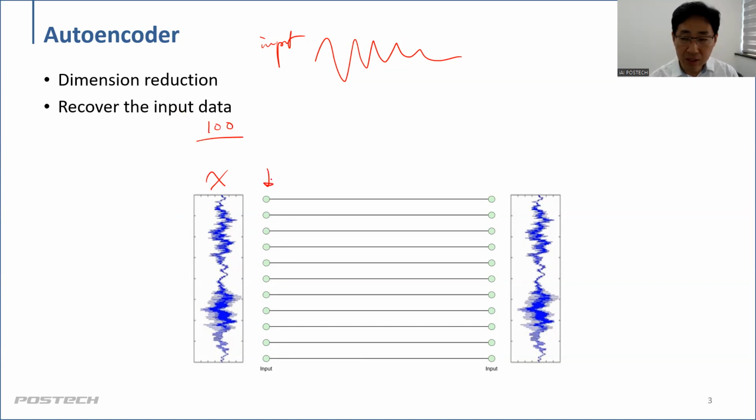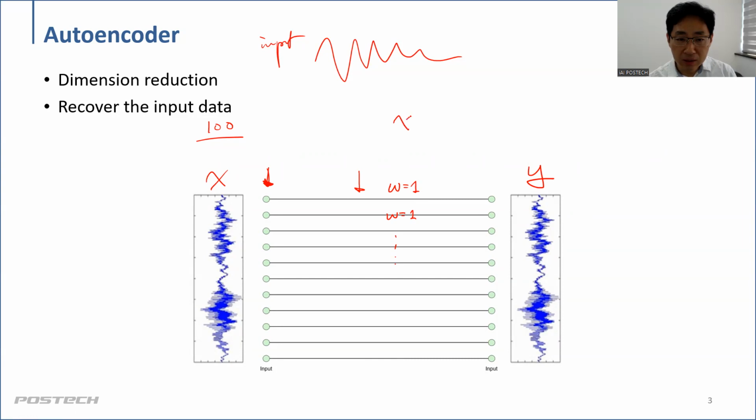Then the input layer size is equal to the number of input dimensions, and here is the output. The easiest one we can have is an artificial neural net with all the weights equal to 1.